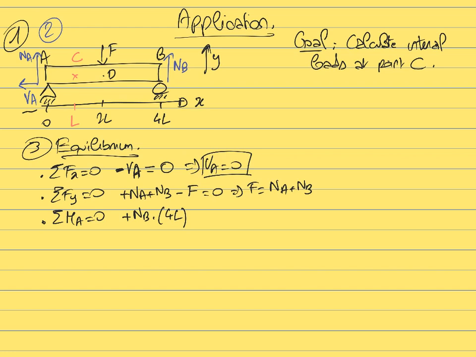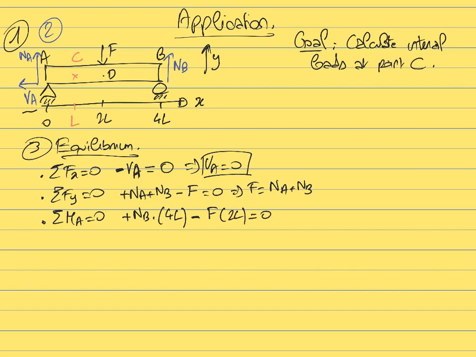And then the other force that has a line of action that doesn't go through the point A is the force F. In this case, the force F is going to tend to make the body rotate clockwise about the point A. So it's going to create a negative moment by convention. The intensity of the force is F, and the arm of the force is 2L.